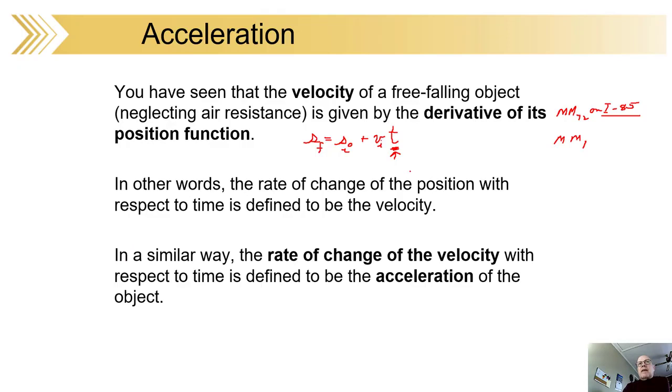In a similar fashion, its velocity can be found by taking the derivative of the position function. Now this would assume that you got on I-85 and you stayed the same speed the entire time.